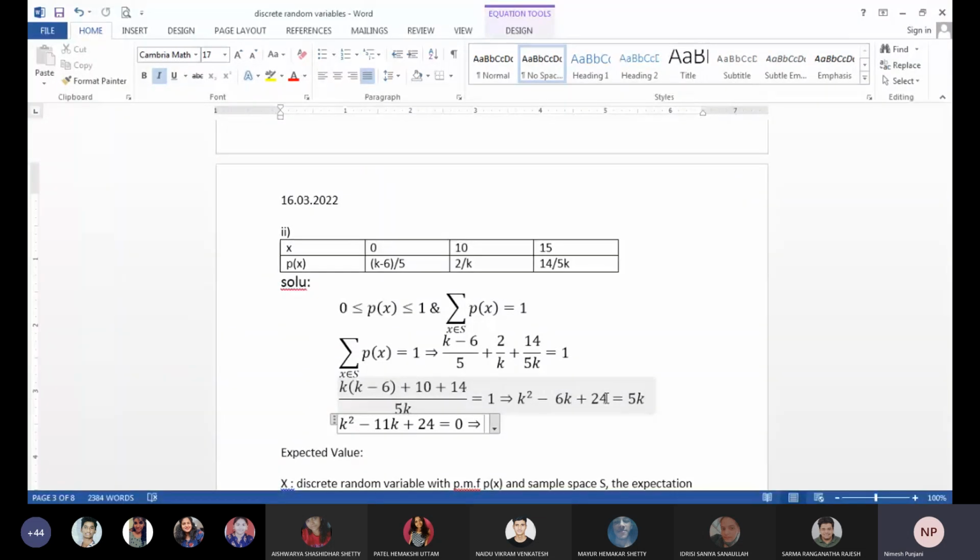So can anyone tell me what would be the factors of this polynomial? जो quadratic equation है उसका फैक्टर्स क्या होगा?